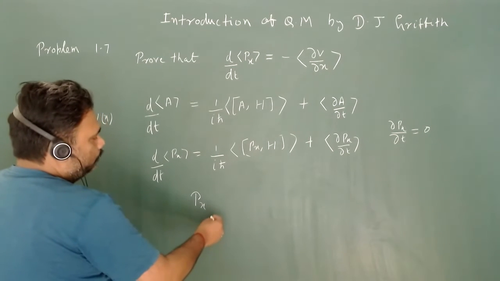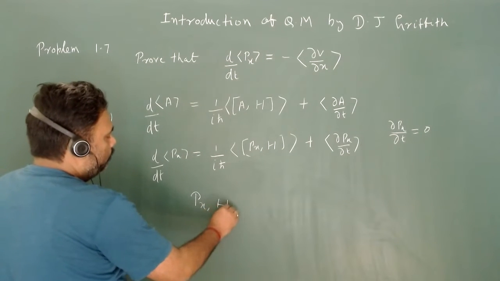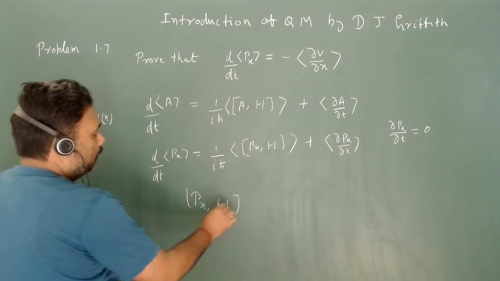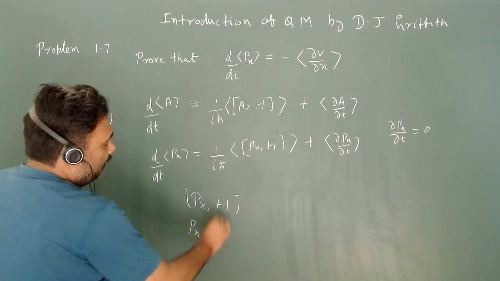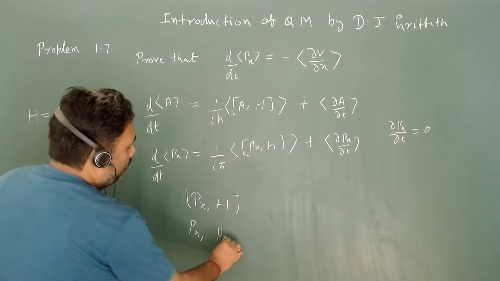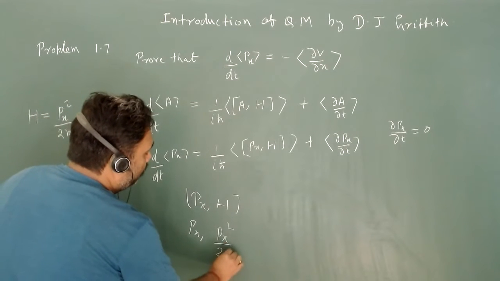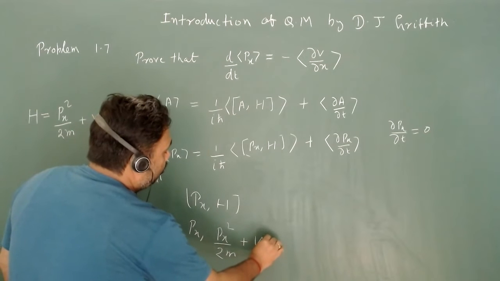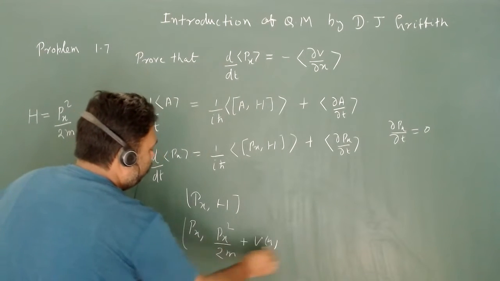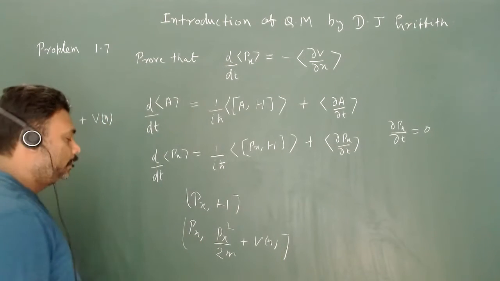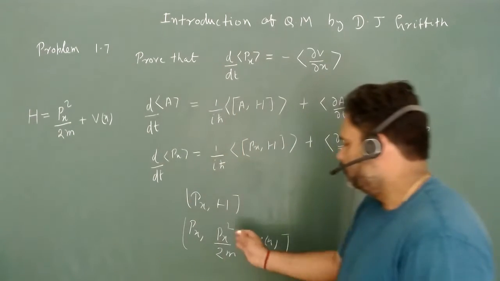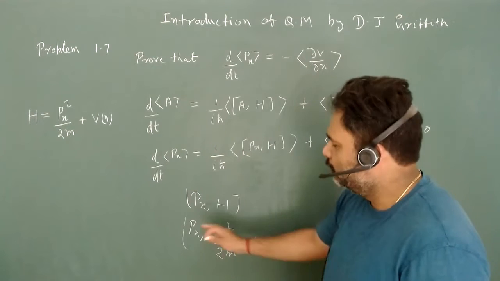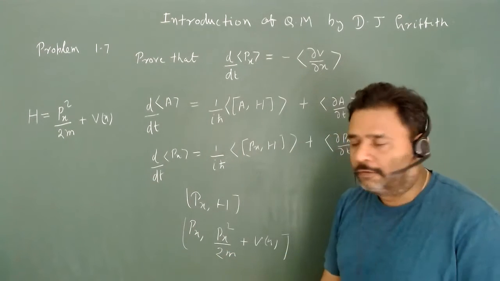So we have to calculate the commutator between px and H. What is this H? H is nothing but px square upon 2m plus V(x), and we have to keep in mind that these all are operators. So px will 100% commute with px square upon 2m, because this is kinetic energy. Momentum and kinetic energy always commute.